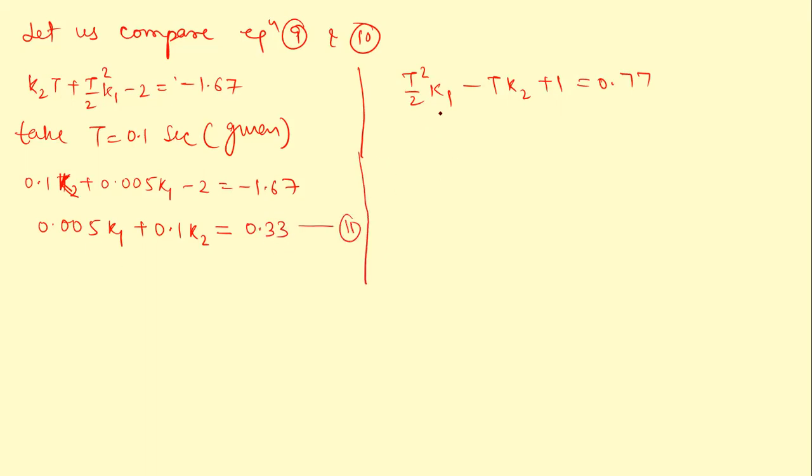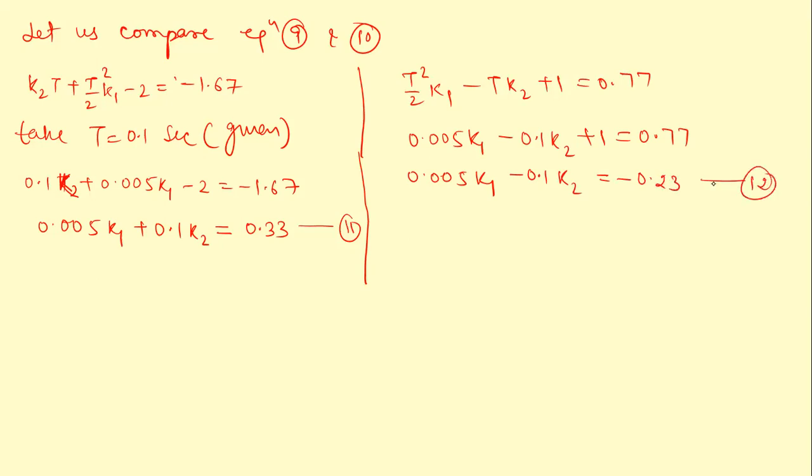Similarly, here also I'll take t is equal to 0.1. So I'll get 0.005 k1 minus 0.1 k2 plus 1 is equal to 0.77, so 0.005 k1 minus 0.1 k2 is equal to minus 0.23. This is, for example, equation number 12.